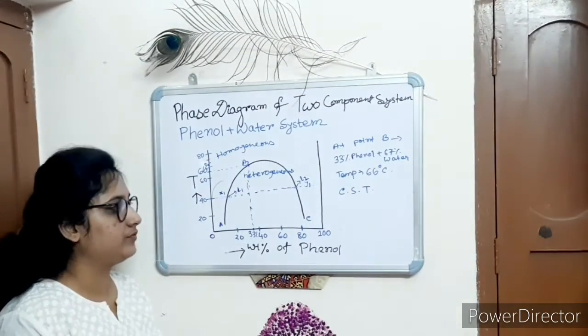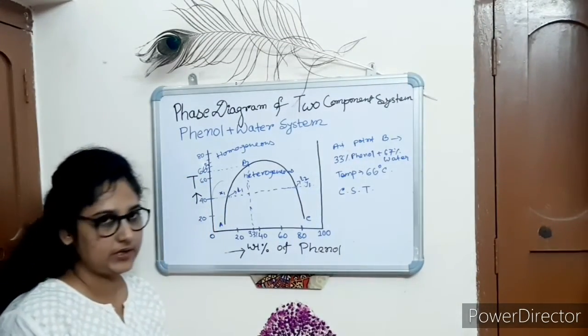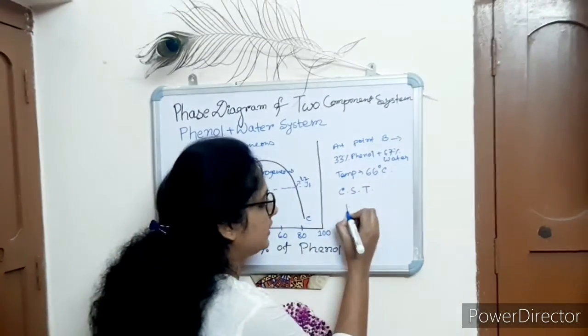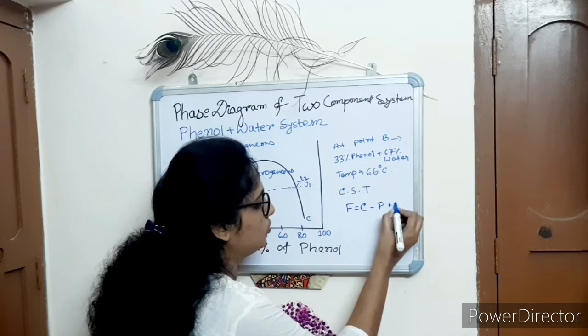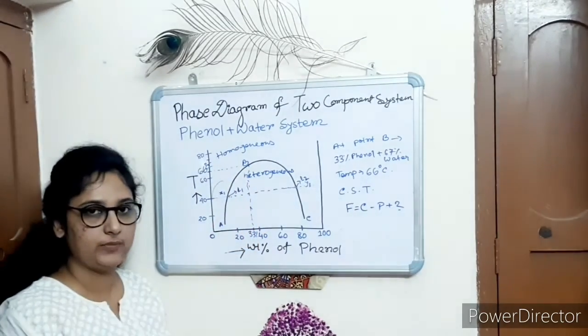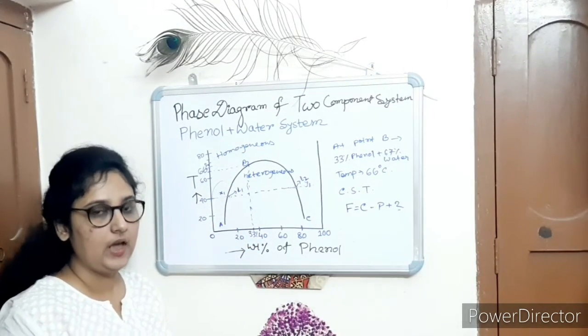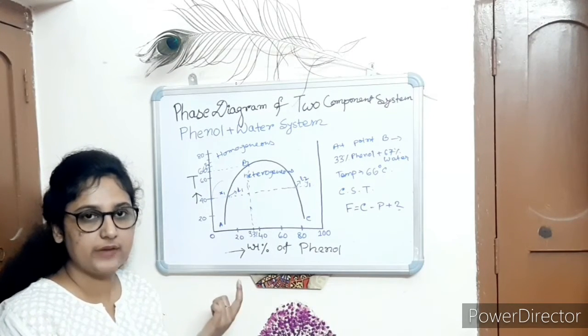Okay, now what is the degree of freedom? For a one component system, we know that F, the degree of freedom, is equal to C minus P plus 2. The plus 2 is there because there are two variables, temperature and pressure. But here the only variable is temperature, pressure is kept constant.